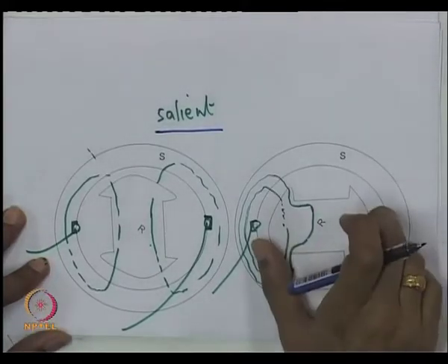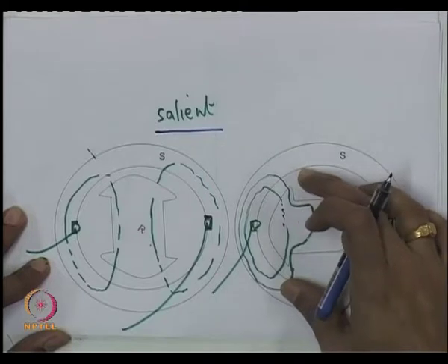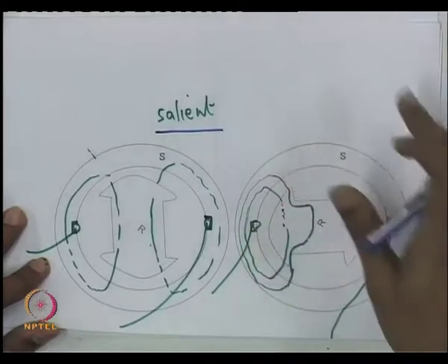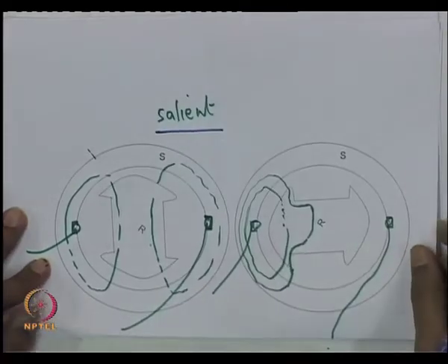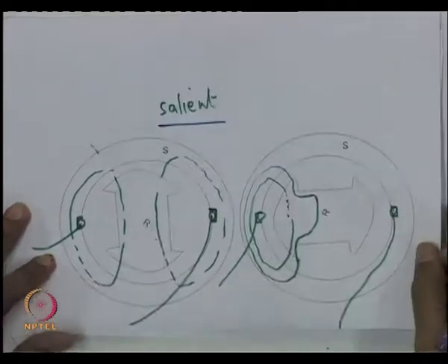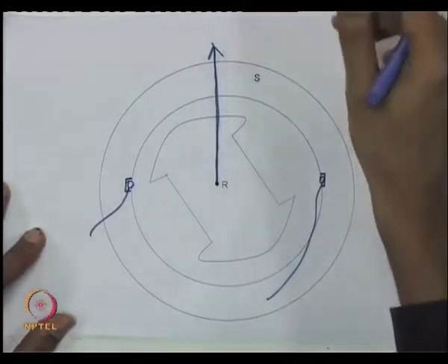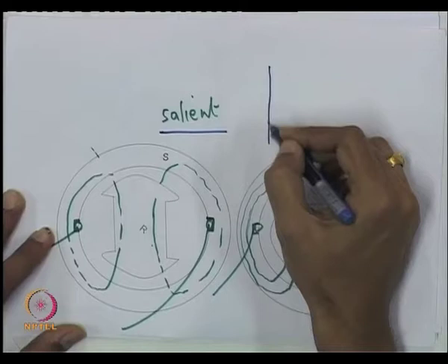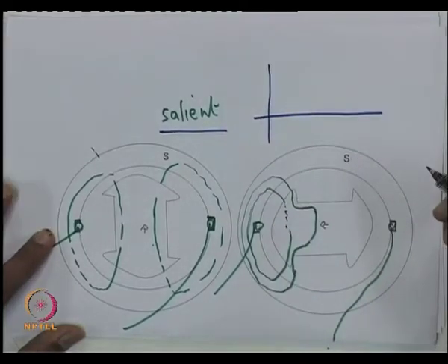You are likely to have practically the same flux even when the field winding is rotated by 90 degrees. So, if it is a cylindrical pole machine, that will not be much of an issue, but if it is a salient pole machine, you will find that the flux linked is dependent on position.